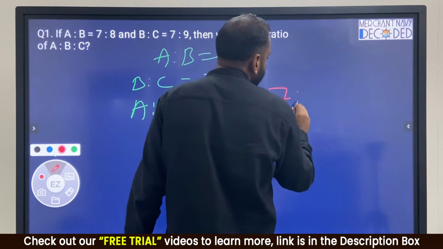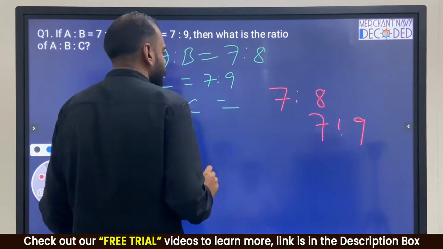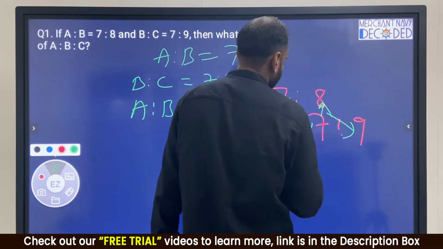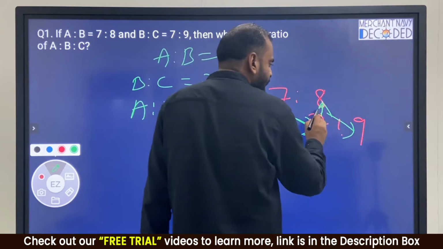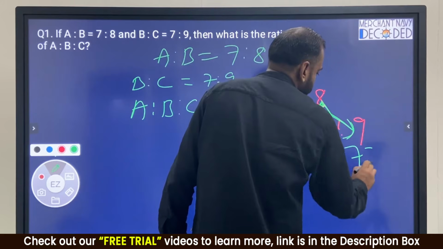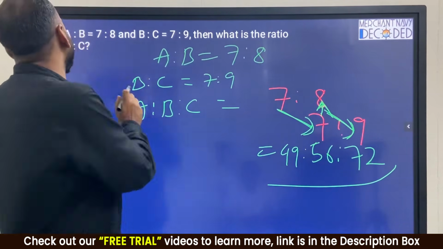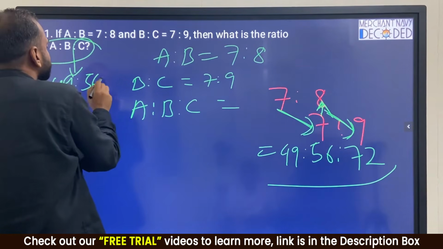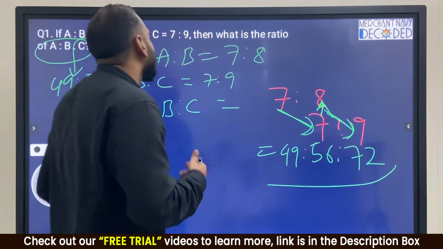Simply write 7 is to 8 and 7 is to 9. 7 into 7 is 49, is to 7 into 8 is 56, is to 8 into 9 is 72. So the ratio of A is to B is to C is nothing but 49 is to 56 is to 72. Clear? Now next question.